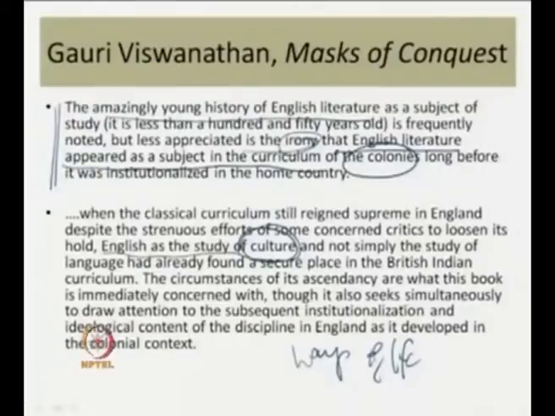And this book also simultaneously draws attention to the subsequent, look at this word, institutionalization and ideological content of the discipline in England as it developed in the colonial context.